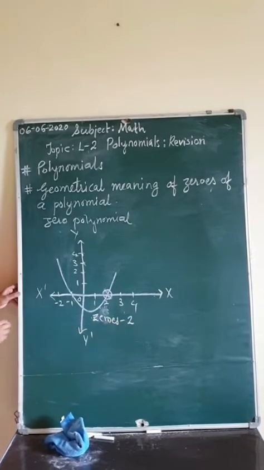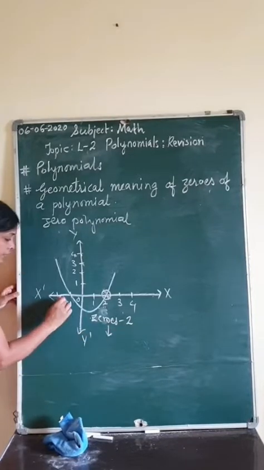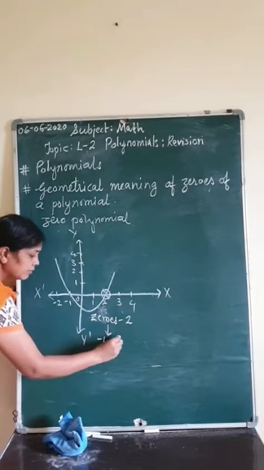And what are those zeros? Those zeros are minus 1 and 2.